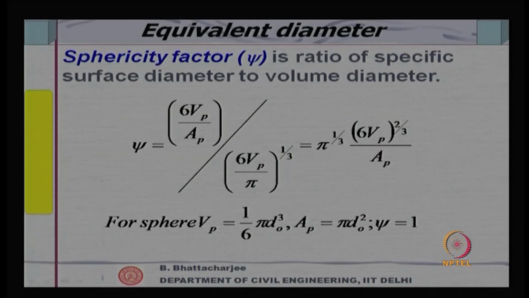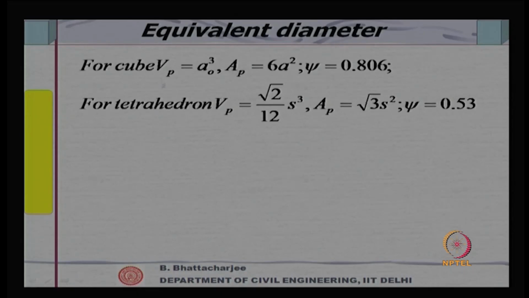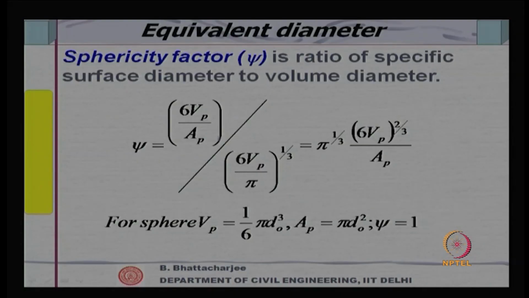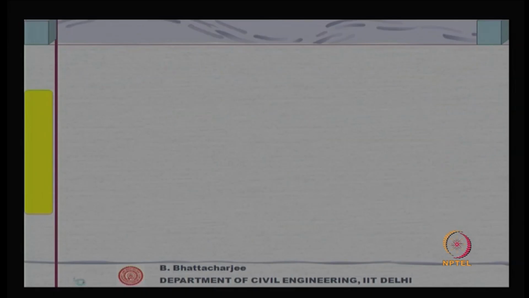Let us see what happens if I have more angular shapes. For a cube, of course, volume V p is a cube, A p is 6 a square, and this will turn out to be 0.806, because if we go back to the formula, V p by A p, for the cube 6 a cube to the power 3 by 2, and the area is 6 a square, and if you finally calculate it out, this turns out to be 0.806.